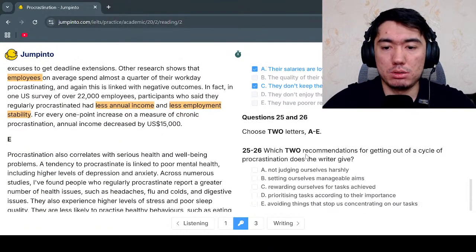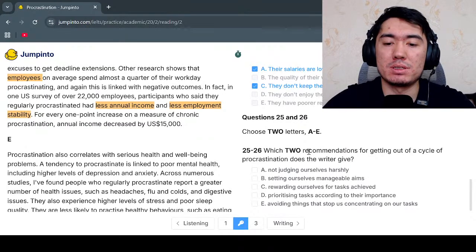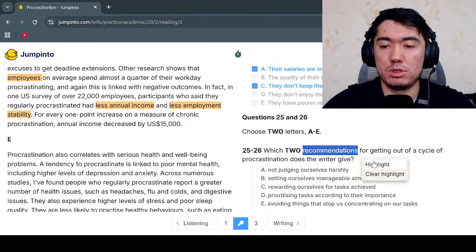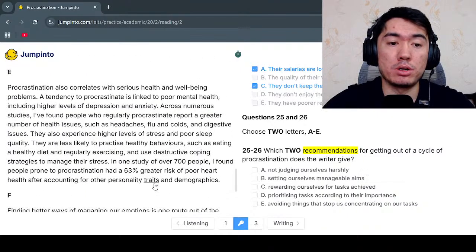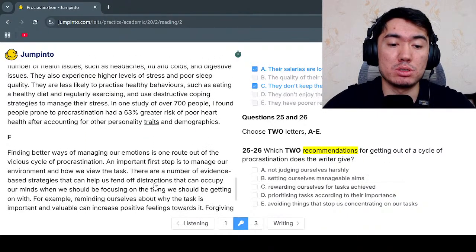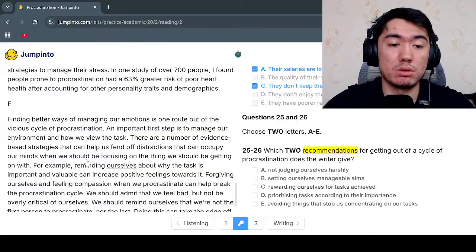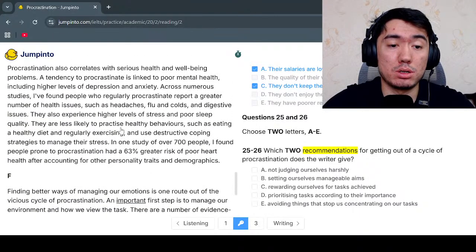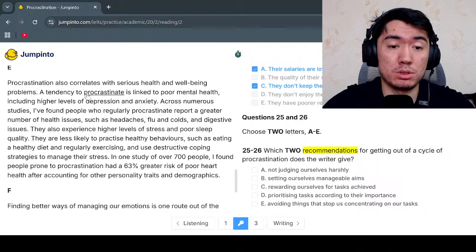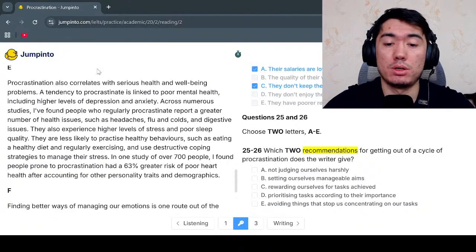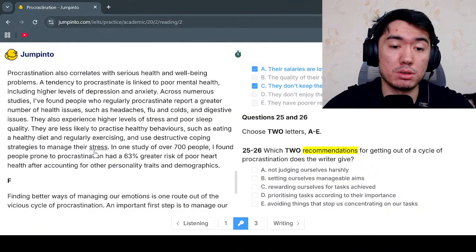Okay, next: which two recommendations for getting out of a cycle of procrastination does the writer give? We just need to find the writer's recommendations. I assumed that there was nothing here because I read the first sentence with serious health and well-being problems, so it's further describing the problems.